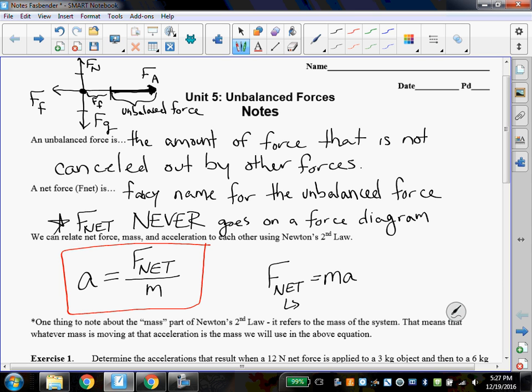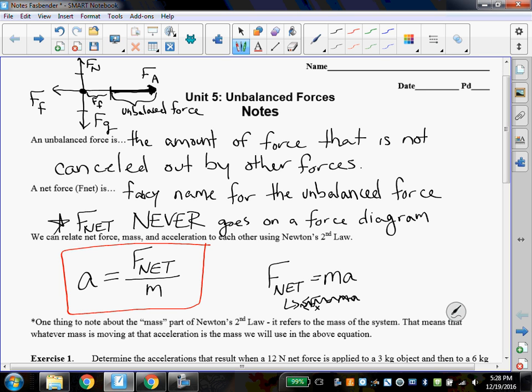Now this is going to be useful for us because when we write all of our net force equations, we're going to say that they are equal to m a instead of 0, which means that we don't have to change anything that we did from the previous unit. We still are going to draw a force diagram. We still are going to write a net force equation. And now the only thing that changes is that instead of that net force equation equaling 0, it now equals m a.